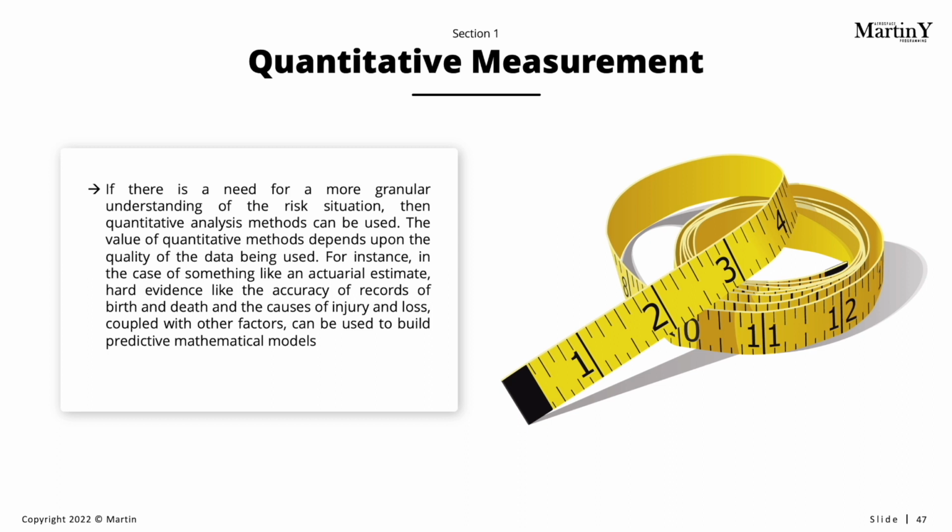For example, if you use actual data that is taken from specific records of birth or death cases, injury and loss, compared with some other factors that are well defined and analyzed, and putting them into a graph, that could build a really precise mathematical model for the situation.